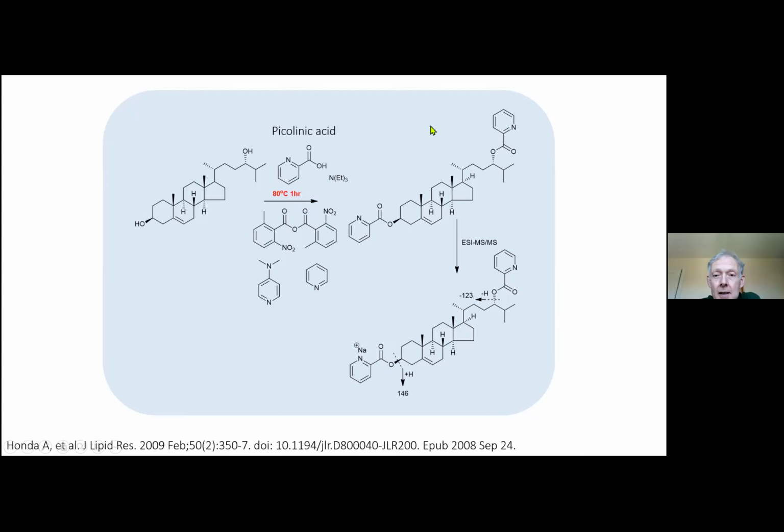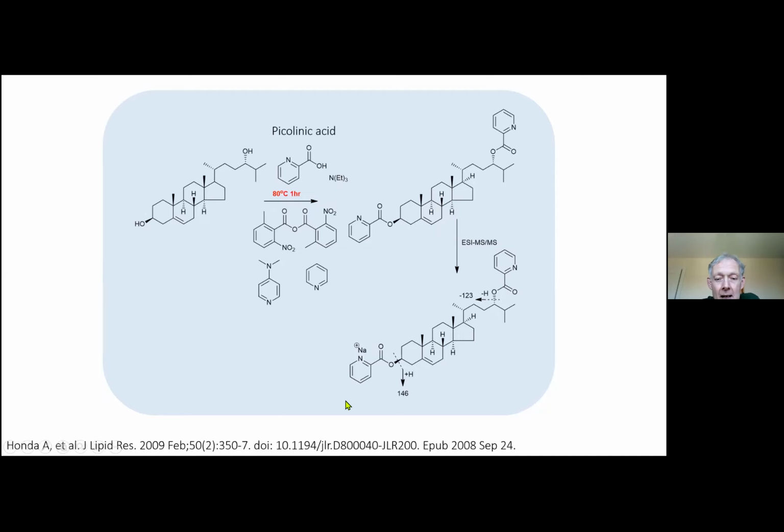So you generate the double derivative, and what you find is that the picolinic acid ester tends to chelate sodium ions. So the picolinic acid ester gives you strong sodium adducts. This improves the ionization of the molecule because we're easily able to pick up these sodium adducts. And what's nice is that the molecule will also fragment via MSMS to give you useful fragment ions.